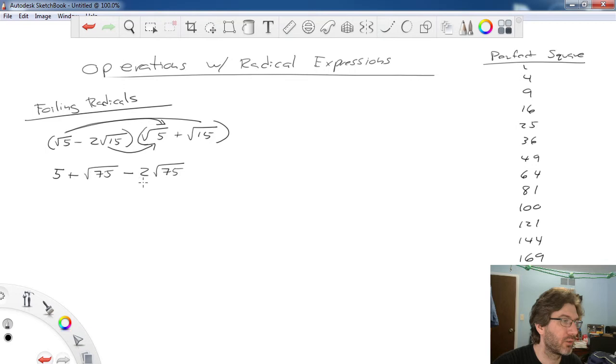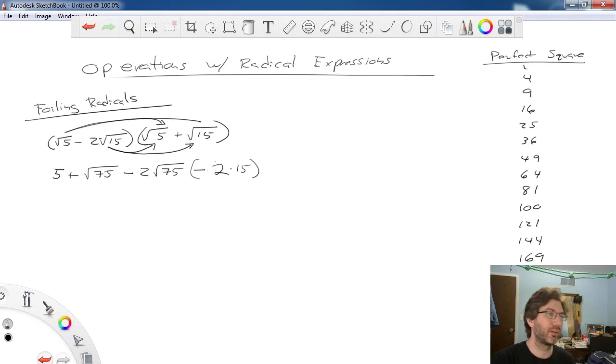You will note that these are common, and we can combine them later on. And this times that is going to give us a negative, because this is negative 2, and then 15 times 15 is something big. Oh wait, that's just going to cancel out and be 15, because it's going to be the square root of that, which will be 15. So times 15, just group that together. I guess we'll stick the negative in there.